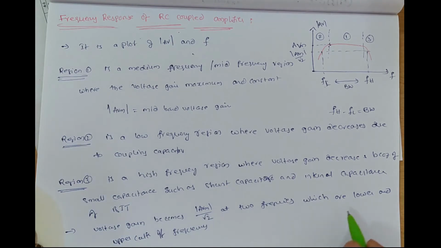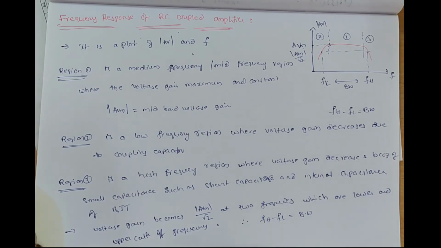Otherwise, you can call these the 3 dB lower cut off and 3 dB upper cut off frequencies. Therefore, the difference between FH and FL is called bandwidth of the amplifier. This bandwidth is called 3 dB bandwidth. Why? Because FH is called the 3 dB upper cut off frequency, FL is called the 3 dB lower cut off frequency. The difference between them is called 3 dB bandwidth.